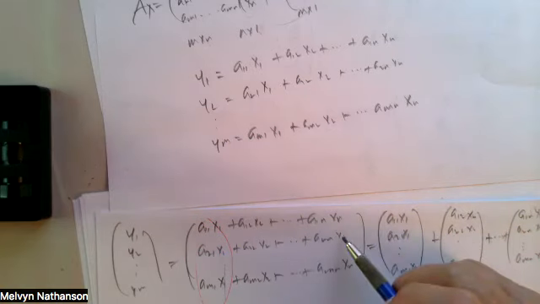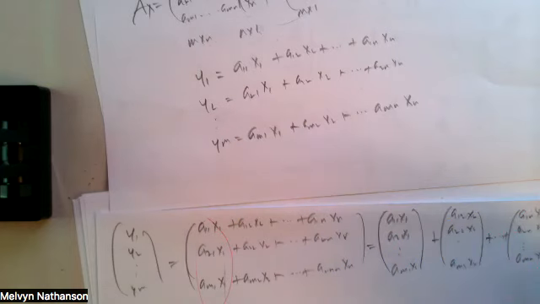And I can factor x1 out of this first column. This is really x1 times A11, A21 down to AM1.